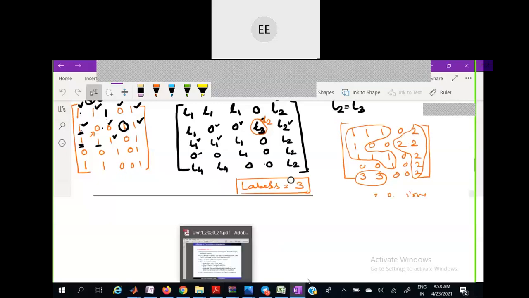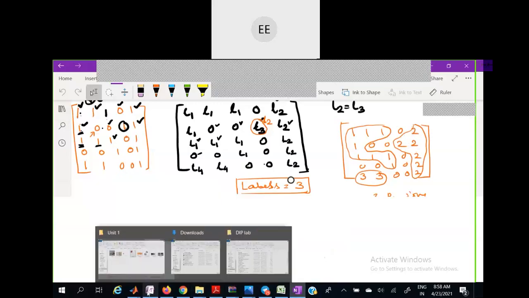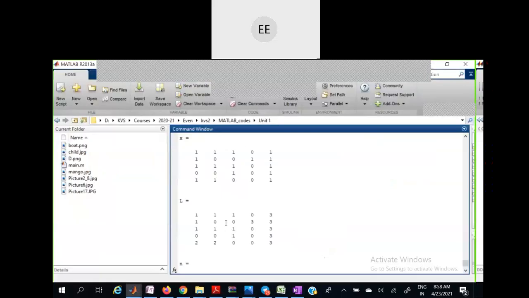It's after all a nomenclature, so the answer is correct. These are all ones, and these are threes, and these two are twos. I have called them three. This is one label, this is the second label, this is the third label, and the number of labels is equal to 3.